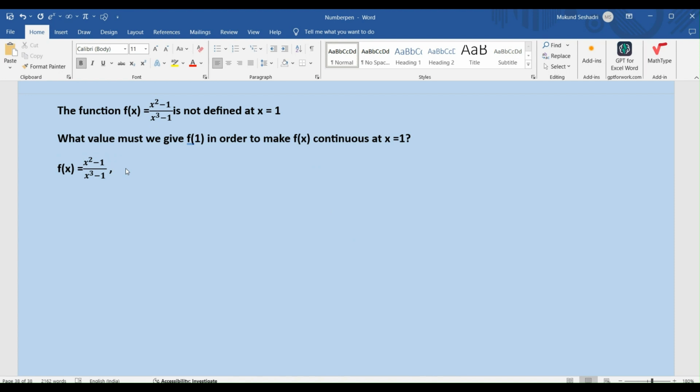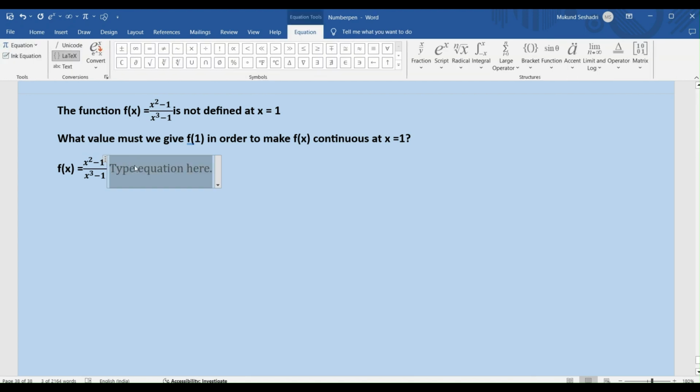So we know that this function has been given to us, but we've been told that this function is not defined for x equals 1, right? So how do we write this again in the form of an equation? So let's call x not equal to 1, right?